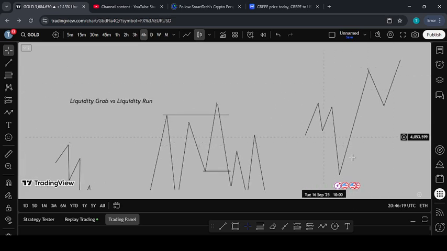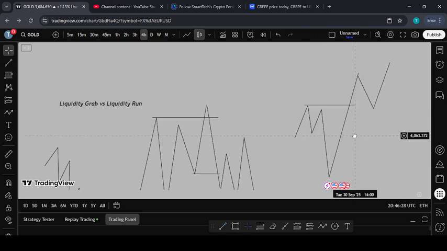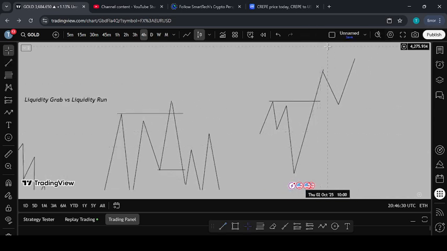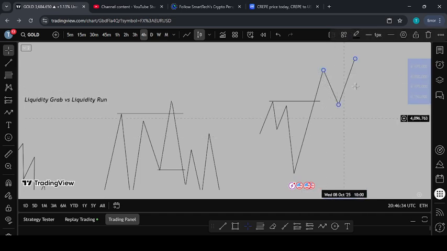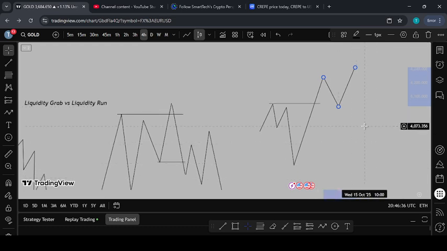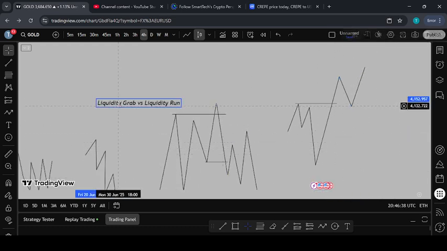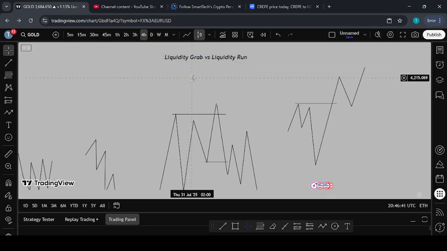In this form we call it a liquidity run, because after grabbing a certain form of liquidity, price did not reverse. It rather broke structure to the upside or the downside, depending on the trend, and continued moving in that direction.